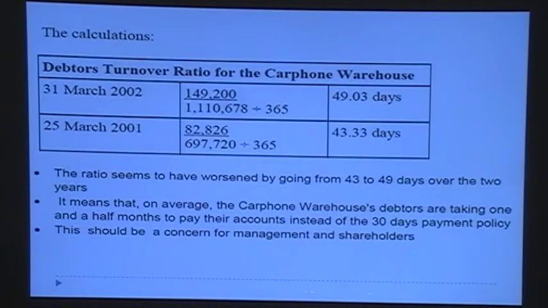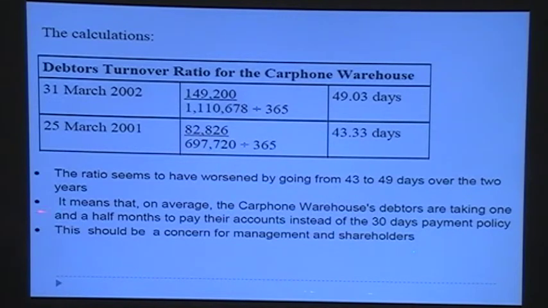Okay, let's see what we got in there. The debtor turnover ratio for Cafe Warehouse simply says that is the figure. In 2002, it took the company 49 days to recover the money owed to them by their debtors, whereas in 2001 it is a bit less.